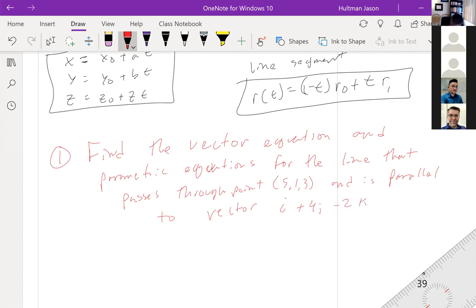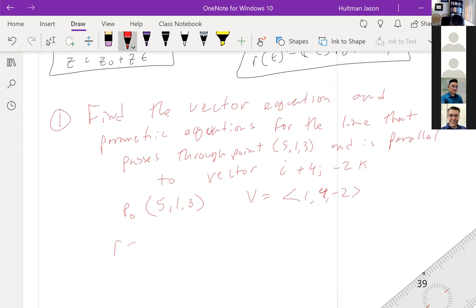So we want the vector that's parallel, and we got the point. Okay, so what's the point? What's P naught? P naught is 5, 1, 3. Okay, what's vector v? Vector v is 1, 4, negative 2.